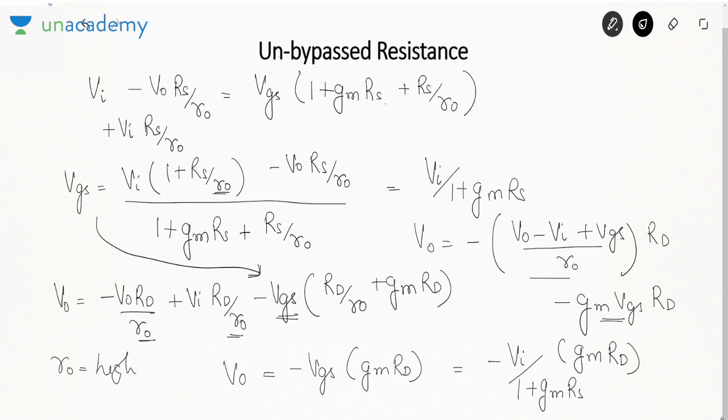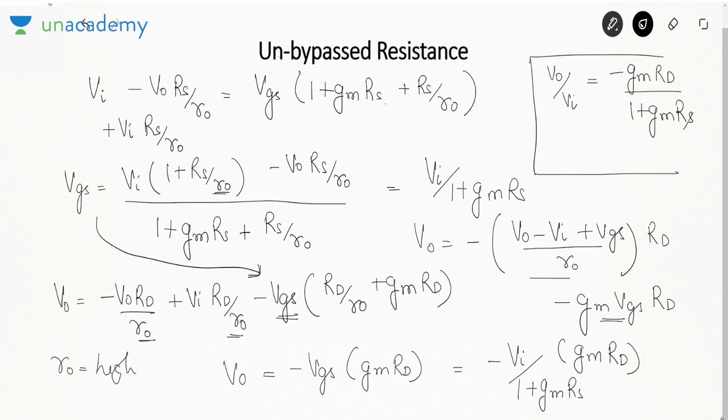So that means the voltage gain V0 by Vi will be minus gm RD over 1 plus gm RS. So in the last step what I have done is I have assumed that the R0 resistance is very high, so I have ignored the terms containing 1 by R0.